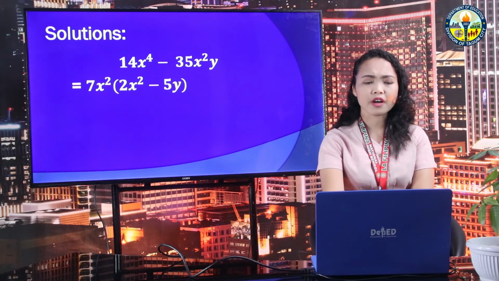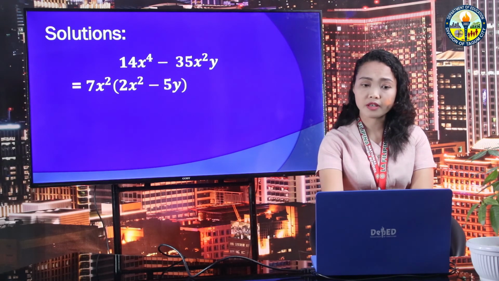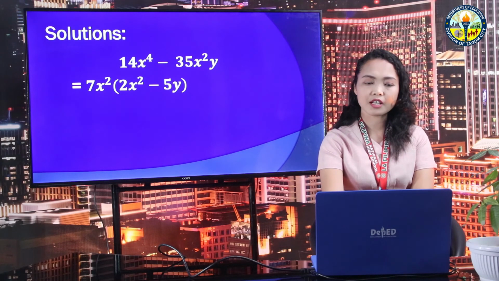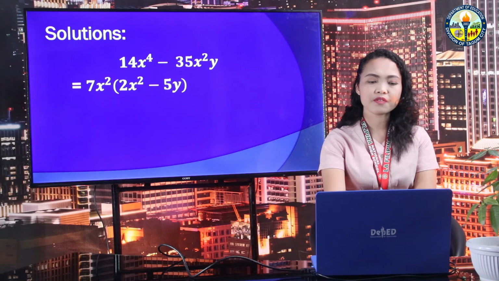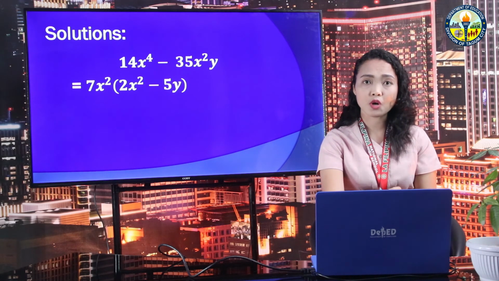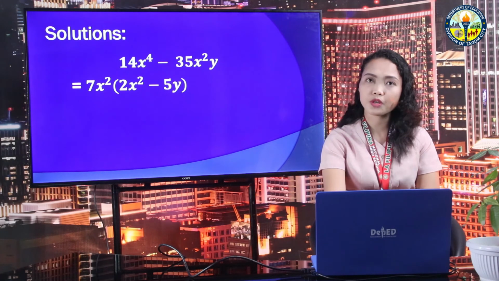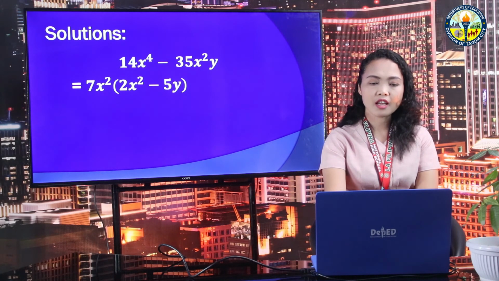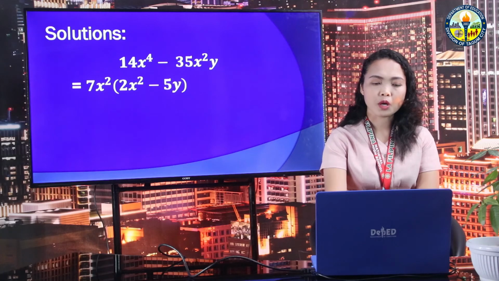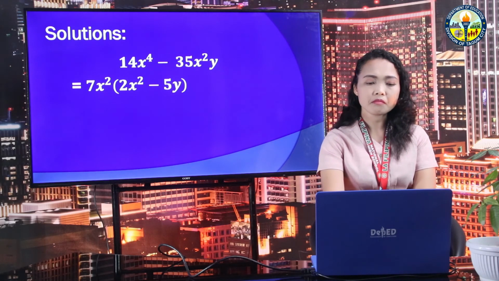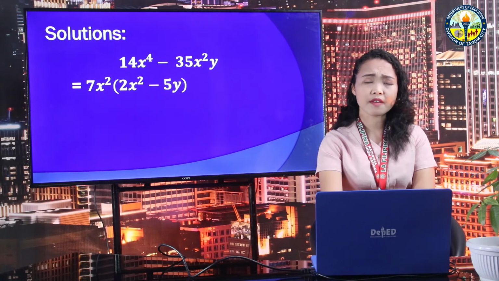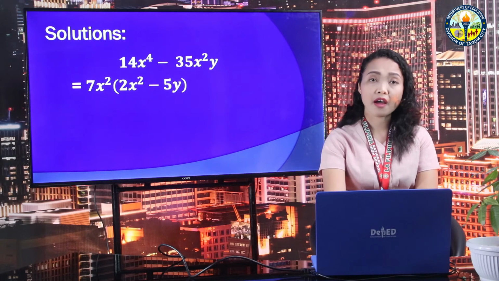Then we're going to divide 14x to the 4th power by 7x squared. That is 14 divided by 7 equals 2. X to the 4th power divided by x squared equals x squared. We subtract the exponents, so 4 minus 2 equals 2. Then we copy the sign, and 35 divided by 7 is 5.